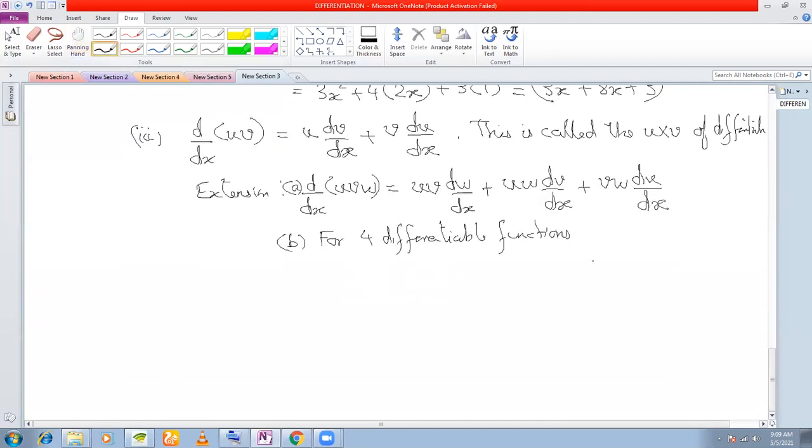For 4 differentiable functions, u, v, w, and say s, d/dx of u, v, w, and s, the product of these 4 will be: take 3 functions, differentiate the fourth, then take the next 3, u, v, s, and differentiate w, dw/dx.